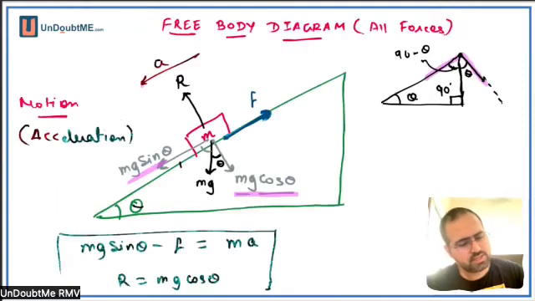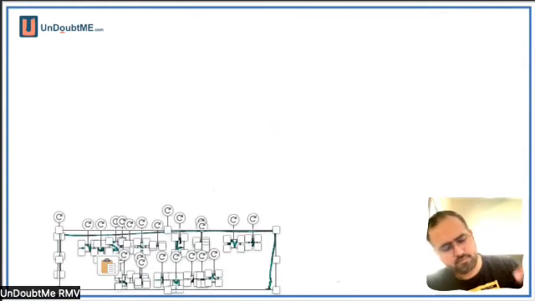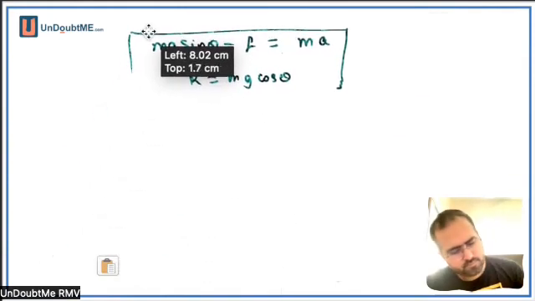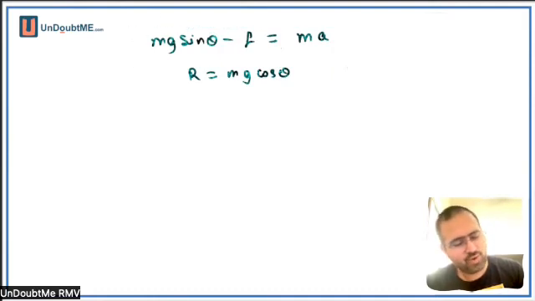So we have these two equations. Let me take them. The best part of this, we don't have to write it again and again. Mg sin theta minus f is equal to ma and r is equal to mg cos theta.